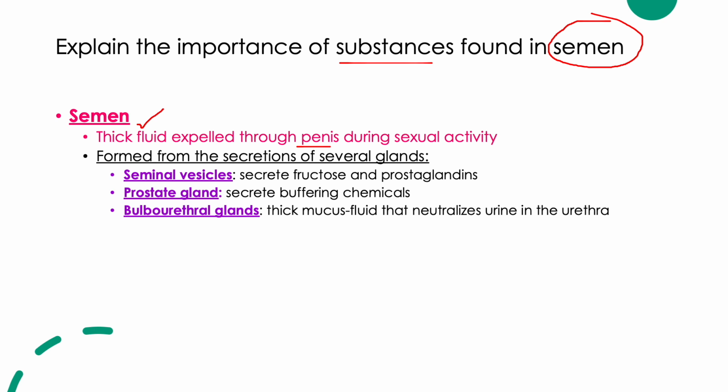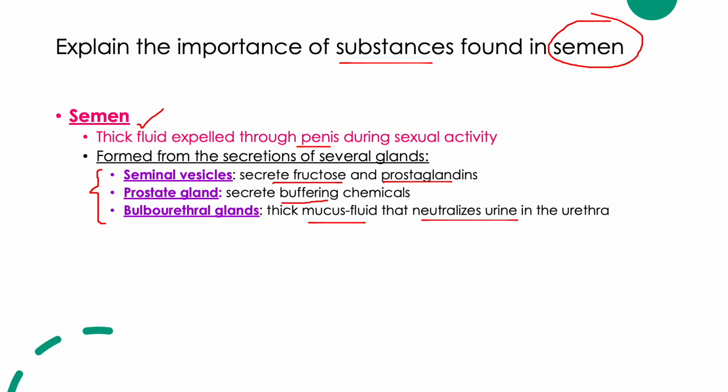The three accessory glands definitely add to this fluid. First of all, the seminal vesicles secrete fructose and prostaglandins. The prostate gland secretes buffering chemicals to neutralize the acids, and the bulbourethral gland secretes a thick mucus fluid which neutralizes the urine or the acidity in the urethra.